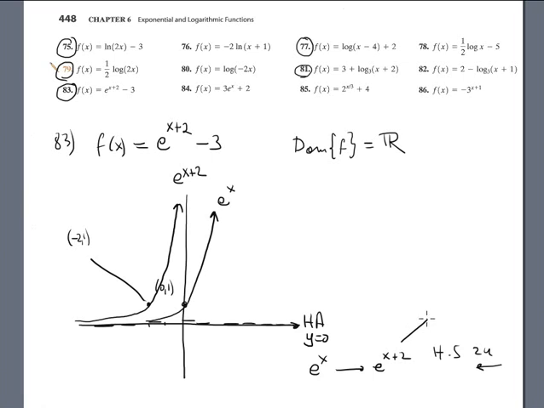Now, after that we have e to the x plus 2 minus 3, which is a vertical shift 3 units down. In this case, yes, the horizontal asymptote changes, and the equation is y equals -3 right now. And this point changes by subtracting 3, so it becomes (-2, -2).